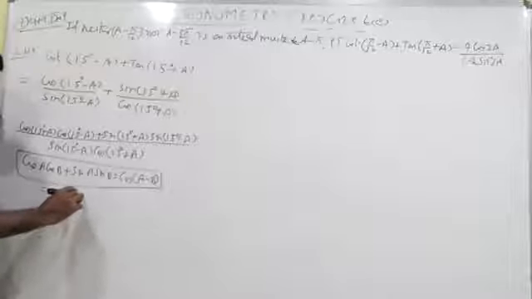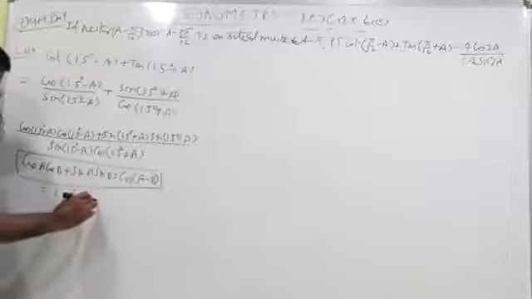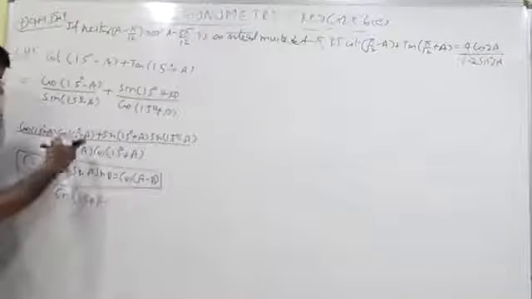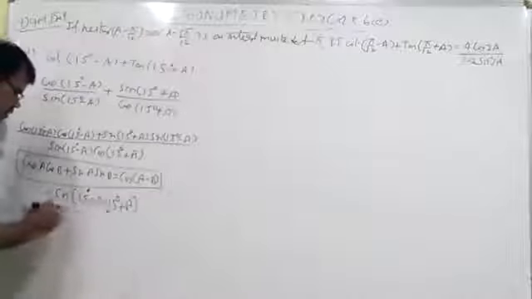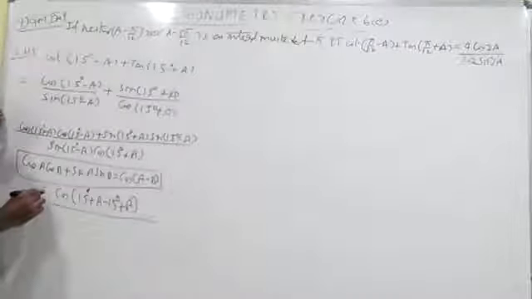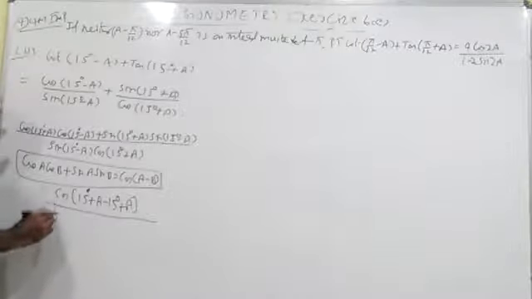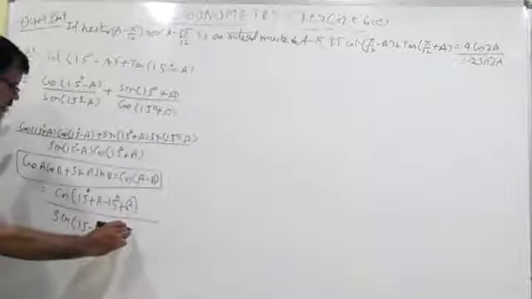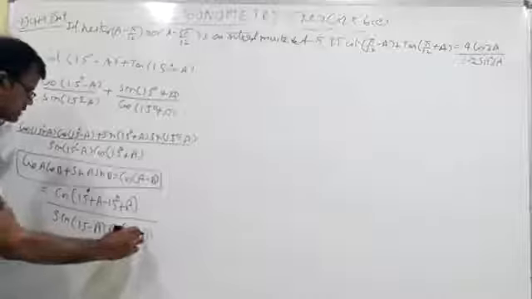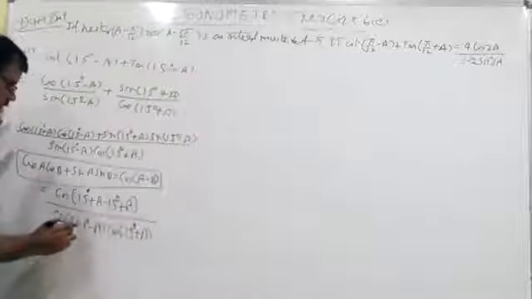Here A minus B is 15 plus a minus (15 minus a), which becomes 2a. So the numerator is cos 2a, by sin of (15 minus a) into cos of (15 plus a).